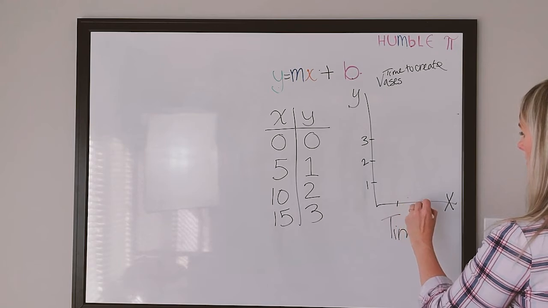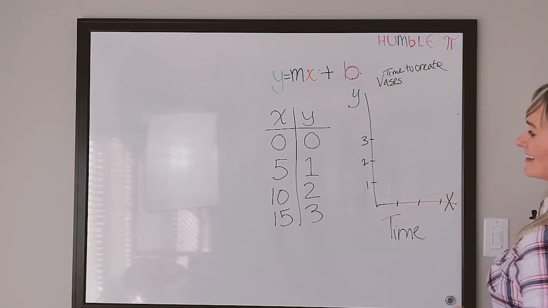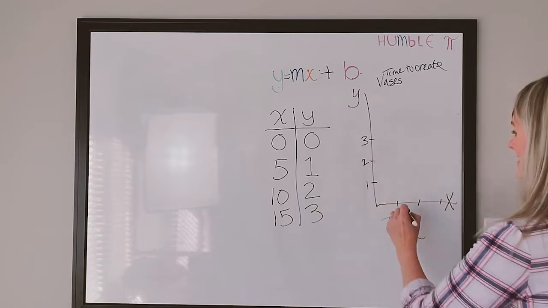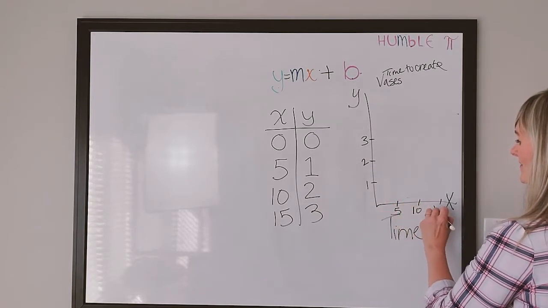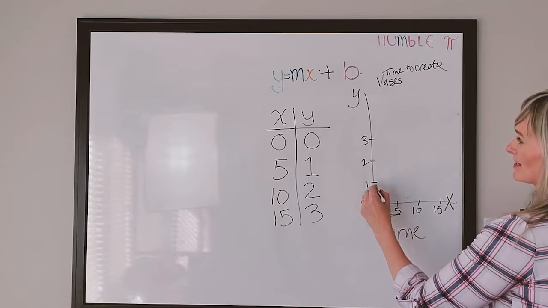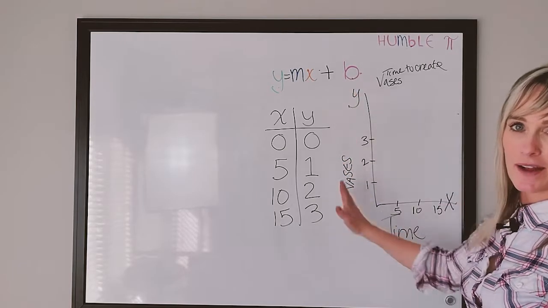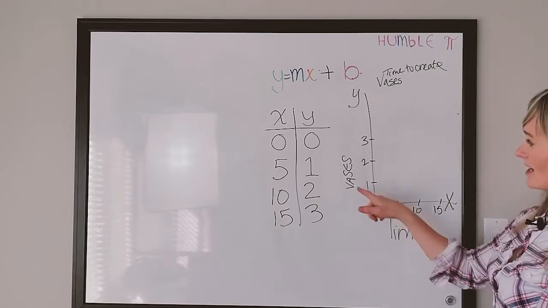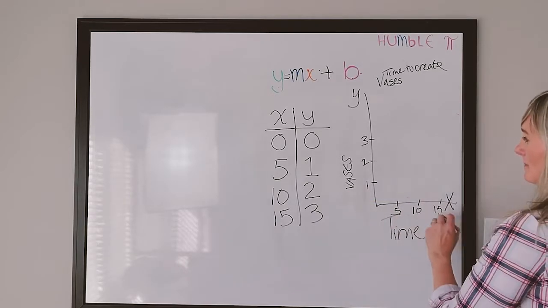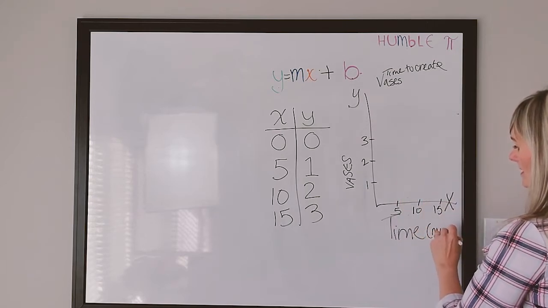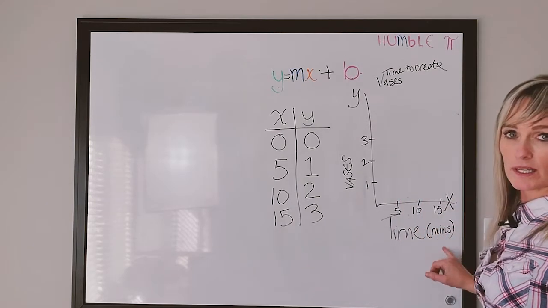So if we have 1 hour, 2 hours, that's going to be a lot of vases if we have 3 hours. If we have 5 minutes, 10 minutes, and 15 minutes. And then how many vases we can make. And just so it's clear, always label your axis and your graph. So I've got time here, vases here, time to create vases is here. Okay, I'm also going to write minutes so that we know.